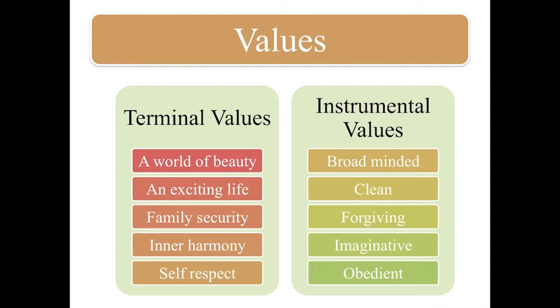Examples of terminal values include things like really valuing a world of beauty, an exciting life, family security, inner harmony, self-respect. Those are examples of terminal values. Versus instrumental values like being broad-minded or clean or forgiving or imaginative or obedient. And so they're different and yet interrelated ways to think about values and how they influence people at work.